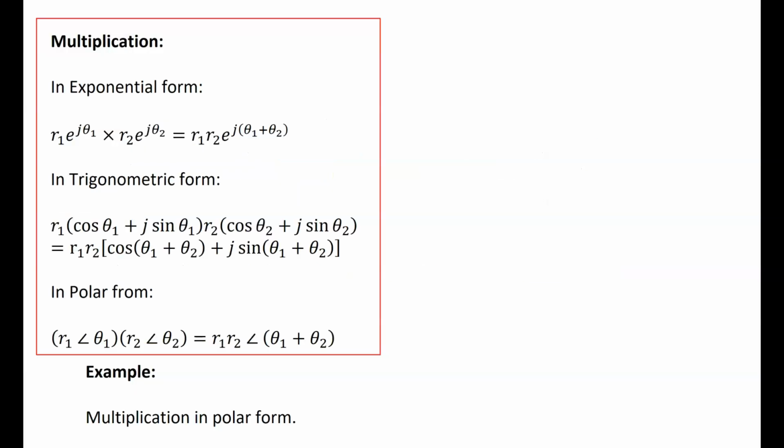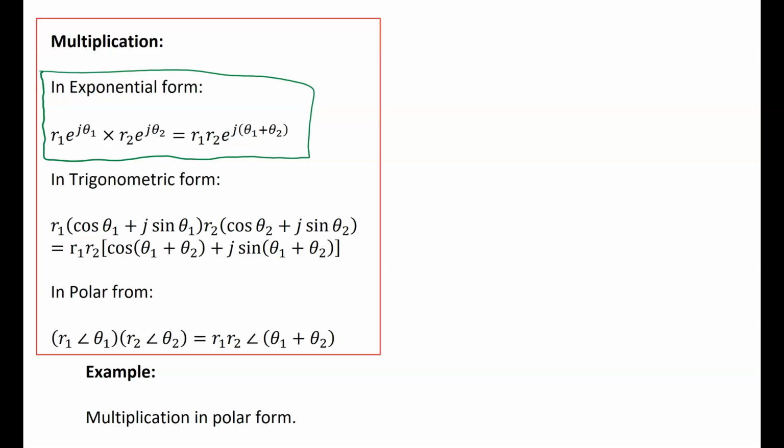Okay, now here are the formulas for multiplication of complex numbers in exponential, trigonometric, and polar forms. Now I said much more convenient, and these might look a little bit complicated at first, but trust me, it's not. So for example, just focus on the exponential form here. Let's put a box around that.